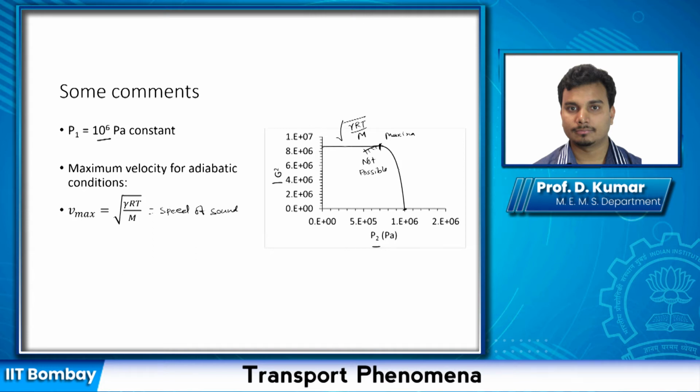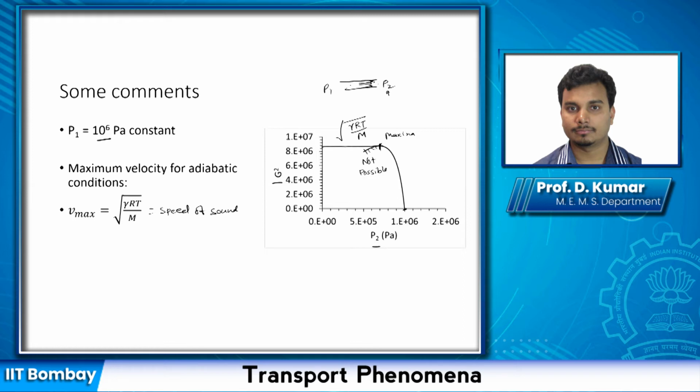So if you have this section, you have some fixed pressure here. You are reducing this pressure. When you reduce this pressure, the information of this reduction in pressure travels through the medium via sound waves. So if your flow rate reaches sonic somewhere, then any change in pressure at this point will not be communicated to this point.